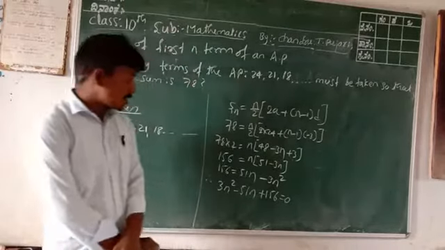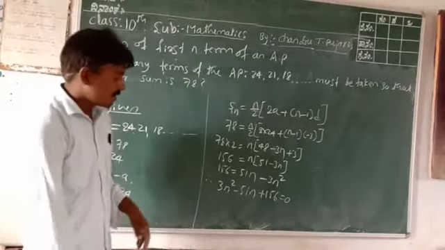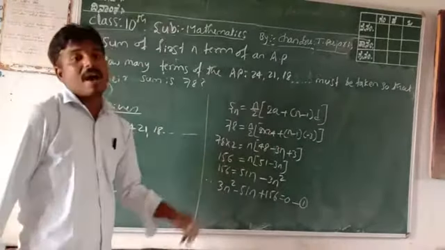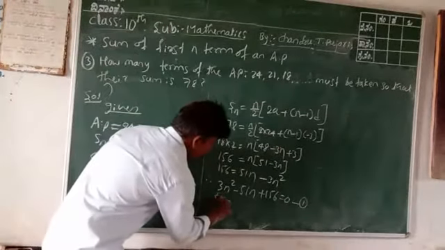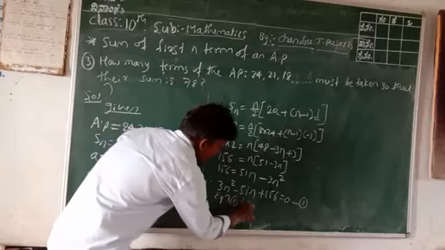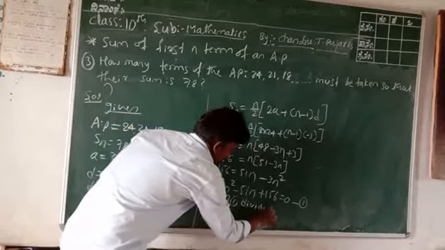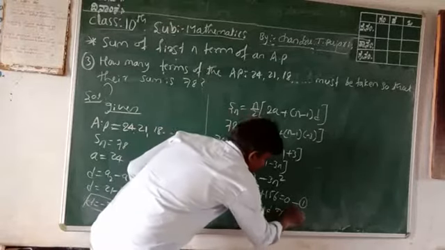These are all divisible by 3. Check yourself once again. Therefore, consider equation 1, divided by 3.